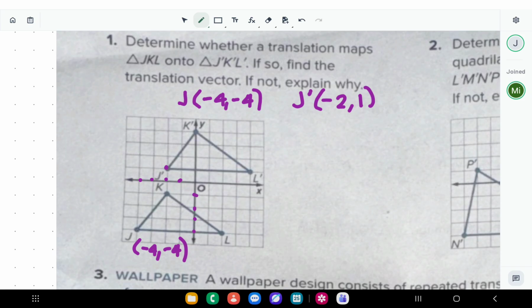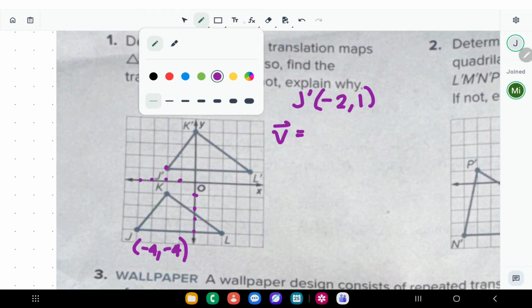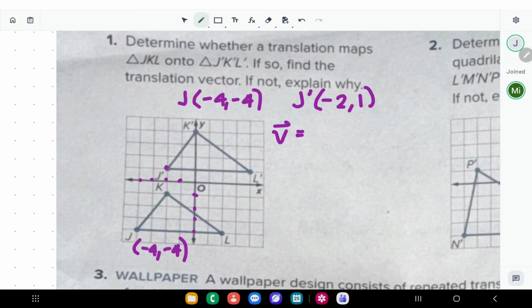So now we need to compute the vector. Let's say the vector is vector V. Now to compute the vector, we just subtract the coordinates. Let's say this is X and Y, and this is X prime, Y prime, because J is translated to J prime.